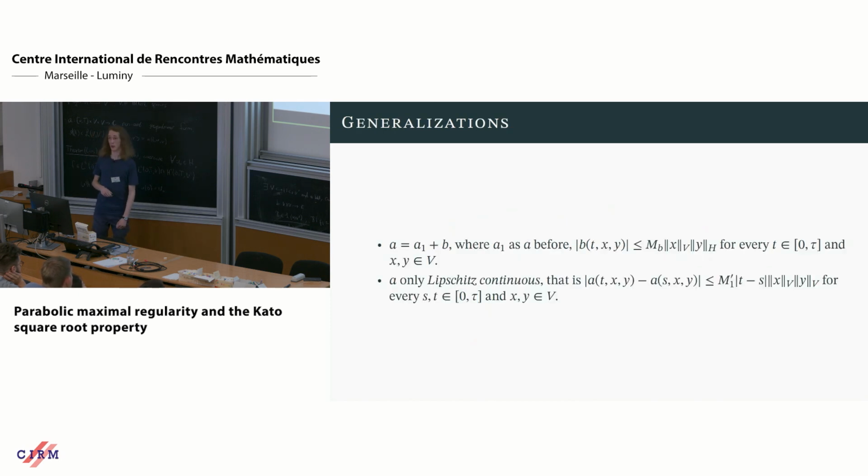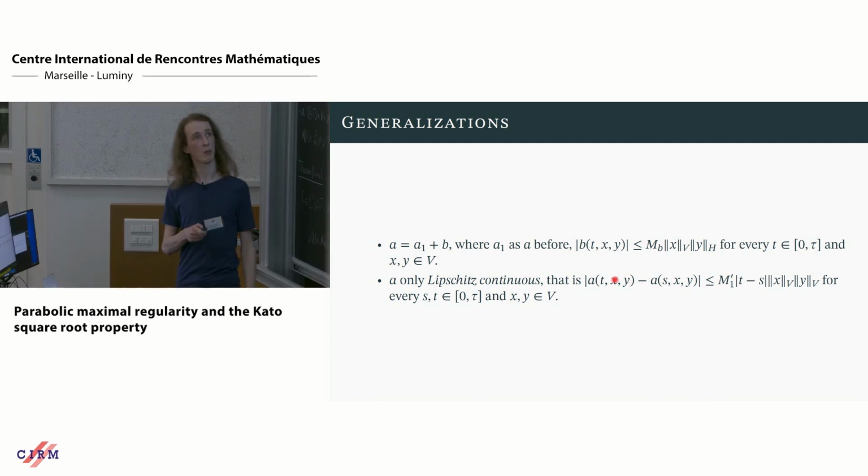And I already told you in the title, we can assume A to be only Lipschitz continuous. What does Lipschitz continuity mean? If we take the same x and y but different times, we can estimate the difference against some t minus s times the norms of x and y.